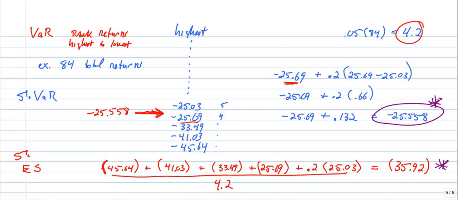Then we moved on and we looked at the value at risk. Value at risk doesn't look at all of the returns either. It only looks at the returns at the very bottom of the distribution, but it gives us the best case scenario of the worst possible returns. And then the last one was the expected shortfall, which again does not look at all the returns.